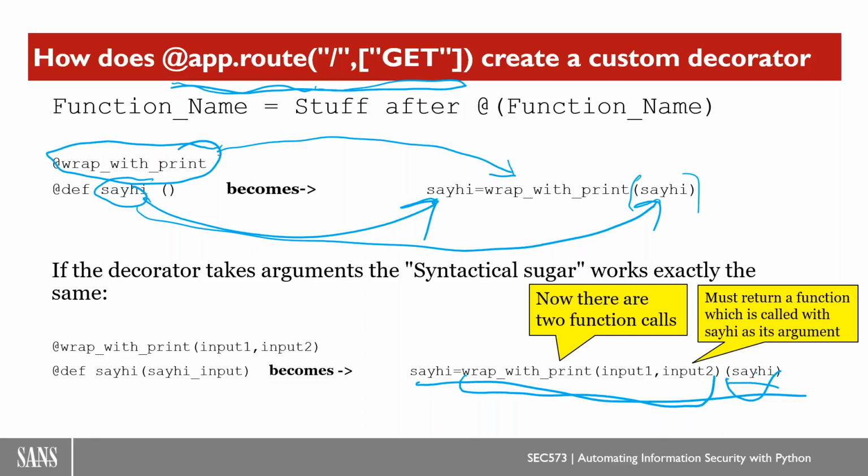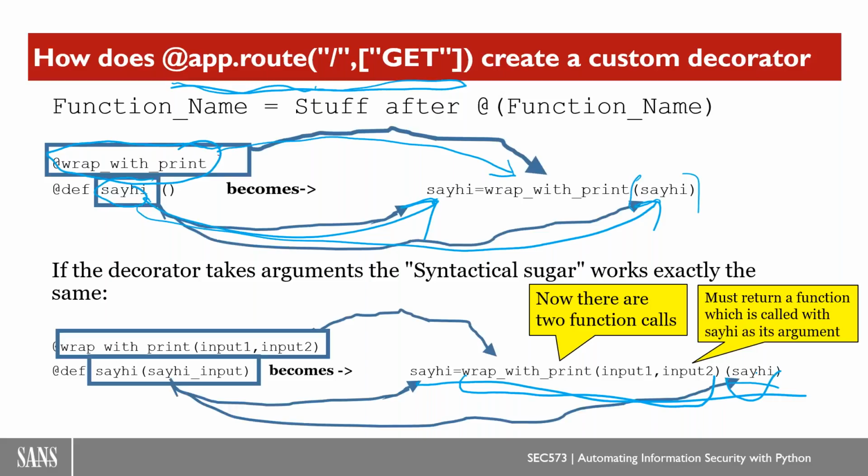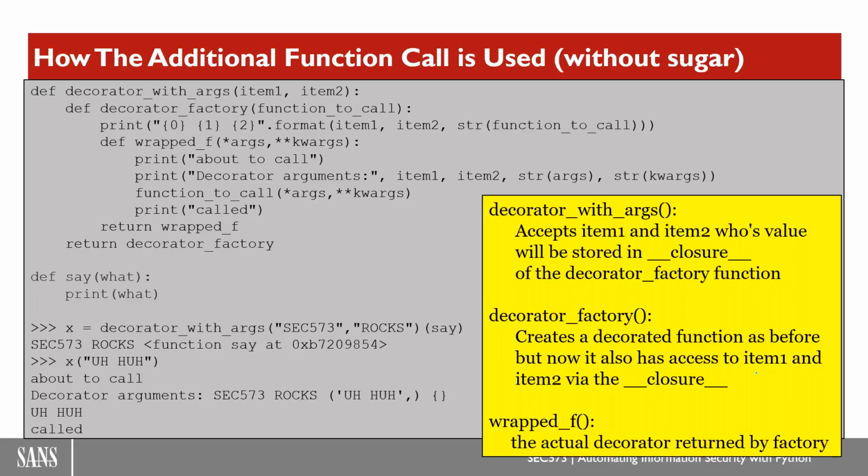So now, if we're going to create a decorator that takes arguments, we have to add another function into our process. We actually have to have 3 functions inside of our decorating process. So let's take a look at what this would take to create a more complex decorator, but first let's look at it without using the syntactical sugar.